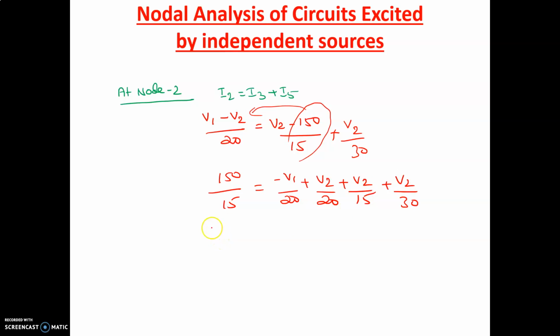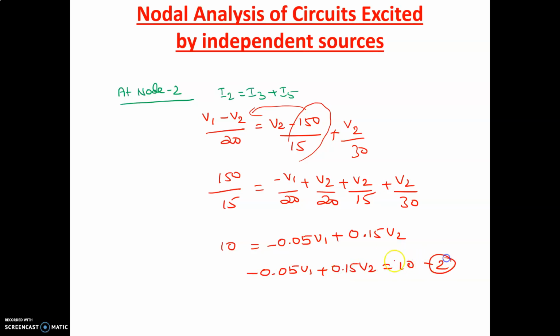Simplifying this, 150 by 15 is 10. We will get minus 0.05 V1 plus 0.15 V2 is equal to 10. This is my equation 2.